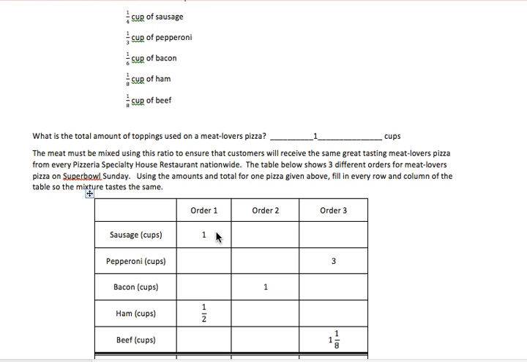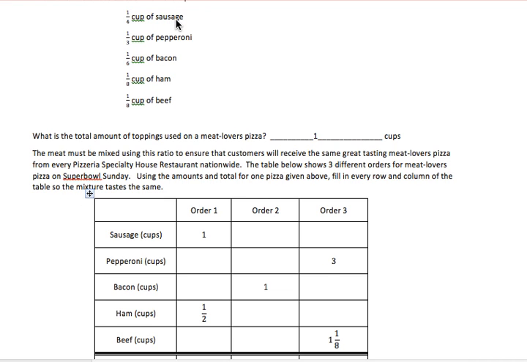To determine the amounts for each order, you would want to take one of the values that they give you and determine by how much that has increased from the original recipe. So in order 1, if there's 1 cup of sausage and the original ratio is 1/4 cup of sausage, we can determine by dividing that this is 4 times as much sausage as the original.